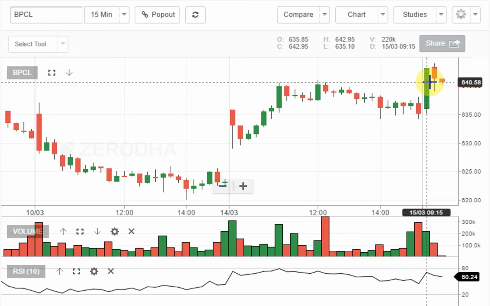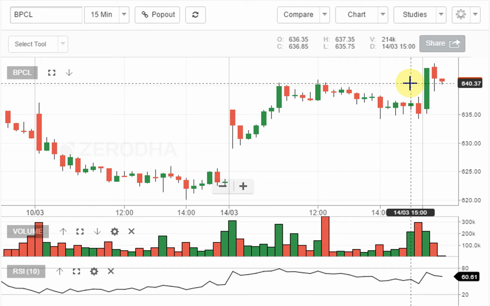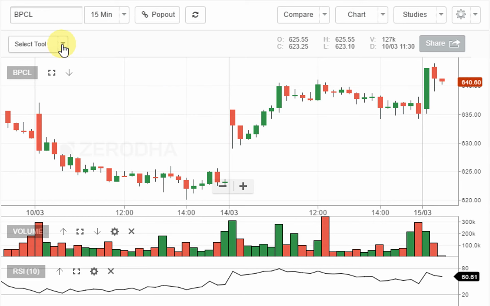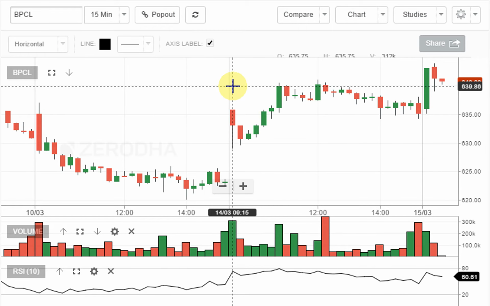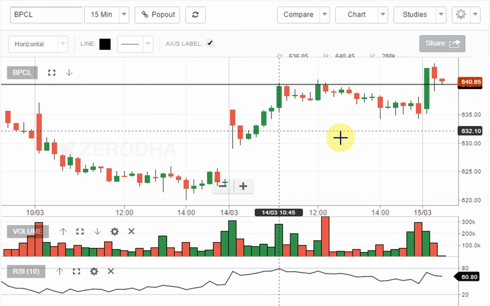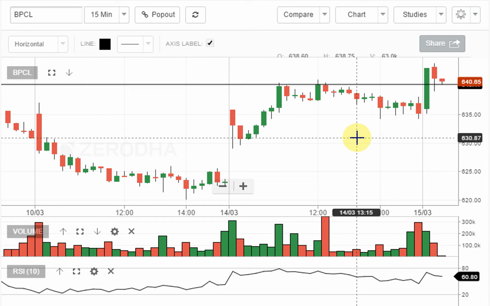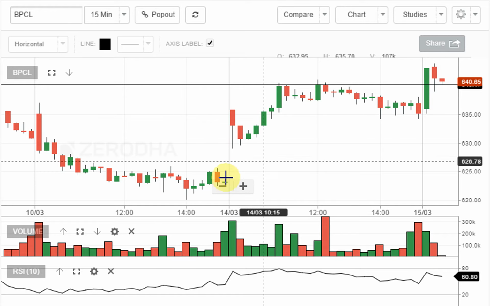What I'm trying to tell you is what happens if your resistance has been broken and you have not entered into that stock. Don't worry about it. Just wait for the opportunity when the stock comes back down, because this line is no more a resistance. This line becomes a support.